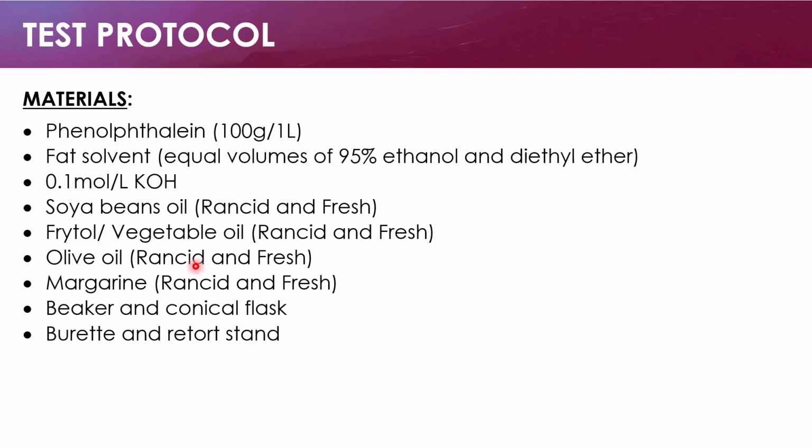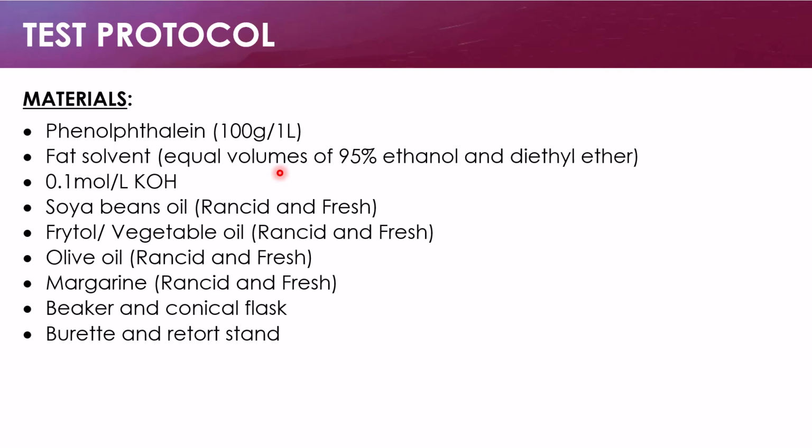Let's start by looking at the test protocol. We'll start our test method by first looking at the materials or the reagents involved. So the first is phenolphthalein of this concentration. The next is fat solvent, which happens to be equal volumes of 95% ethanol and diethyl ether.